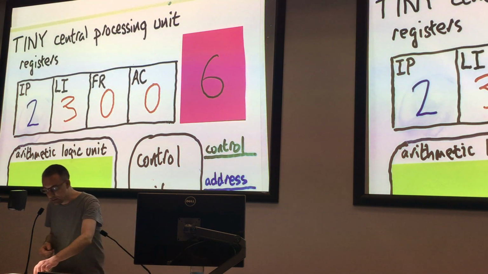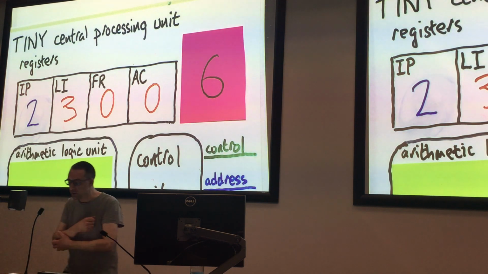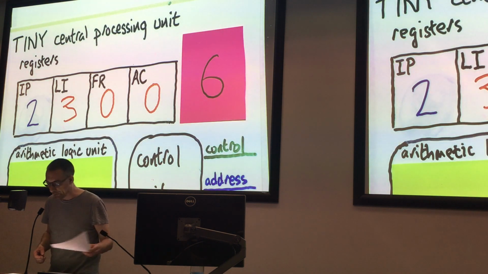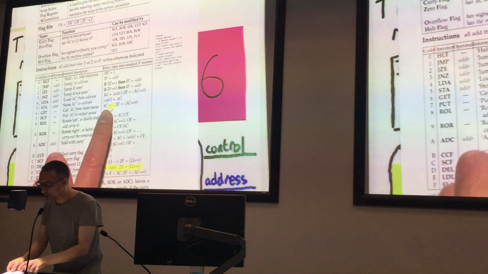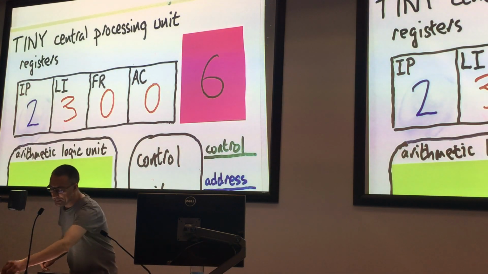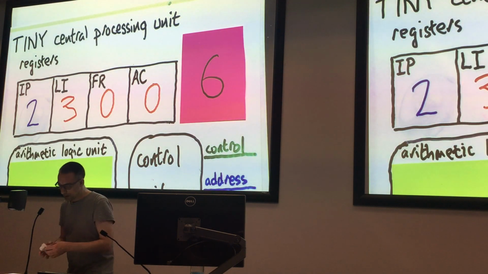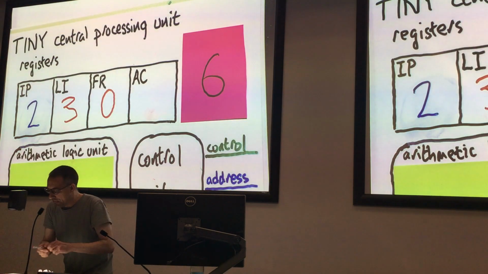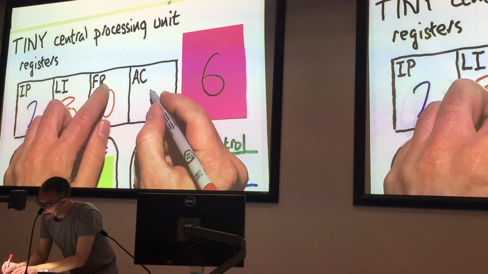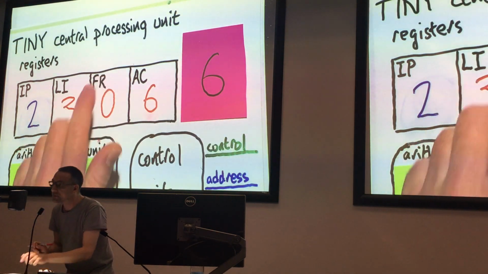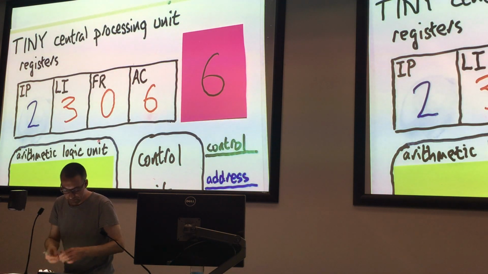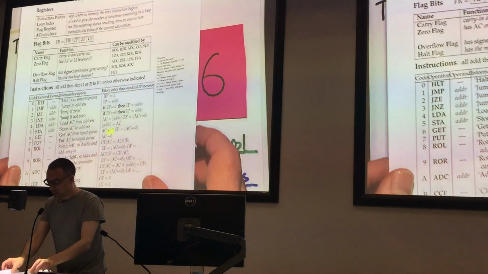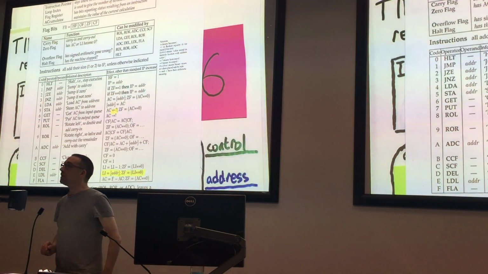Okay, so we've got our value from the input queue. Now we have to carry on with the rest of the instruction. We've got to put it in the accumulator. So with a bit of rubbing out, I can write the 6 goes into the accumulator. What else do we have to do?